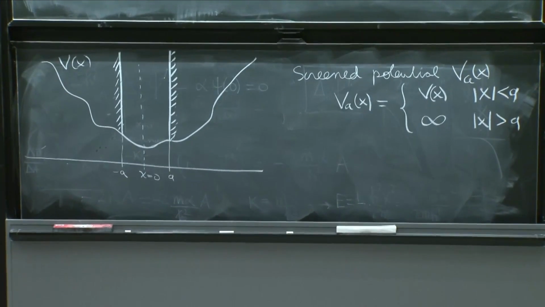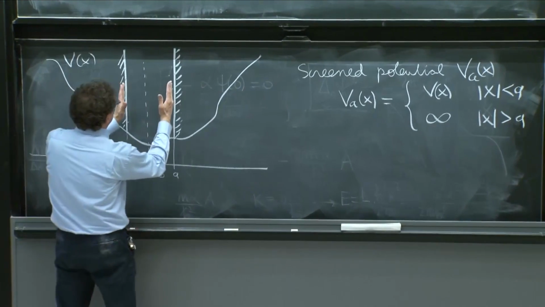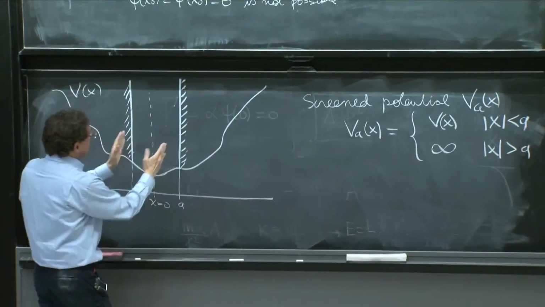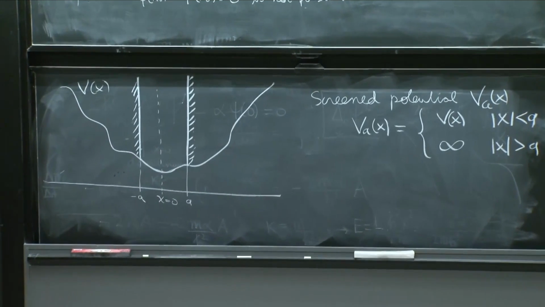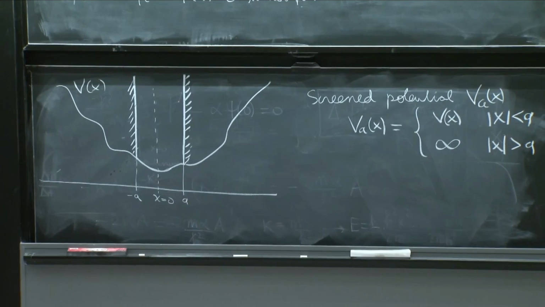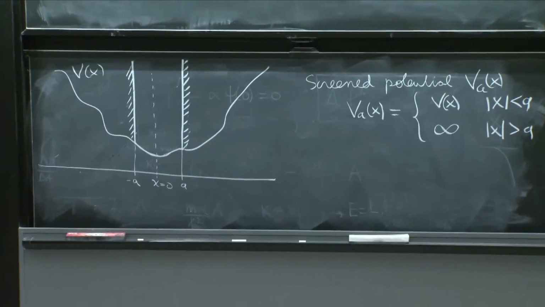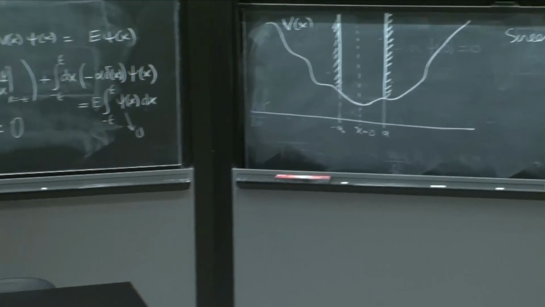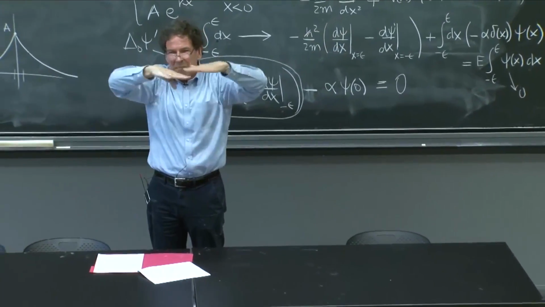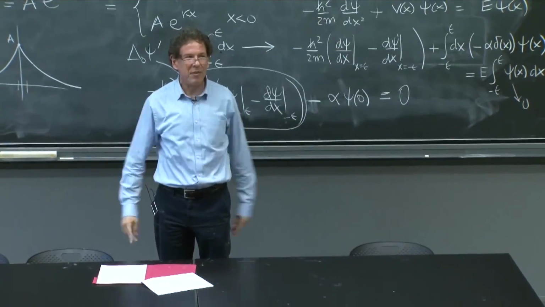And now we intuitively argue that as I take a to infinity, the bound states of the screened potential become the bound states of your original potential. Because when the screen is very, very far away up to infinity, you've got all your potential. And by the time you have bound states, they're decaying, so the screen is not going to do much at infinity.